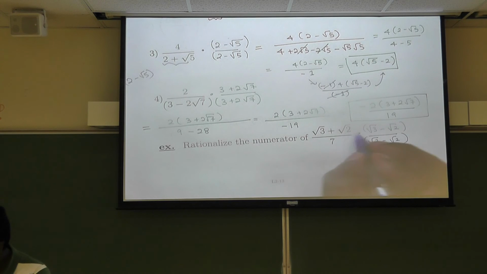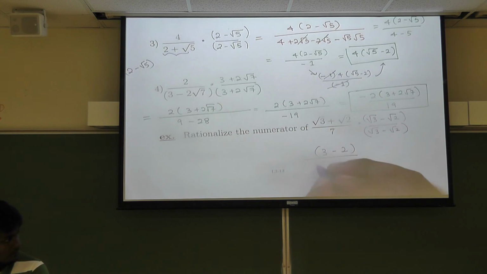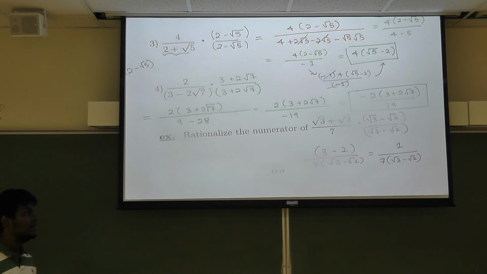Root 3 plus root 2 times root 3 minus root 2 is 3 minus 2, over 7 times root 3 minus root 2. So you end up with 1 over 7 times root 3 minus root 2. So now you have the numerator to be a rational number. So that's what we mean by rationalizing the numerator.